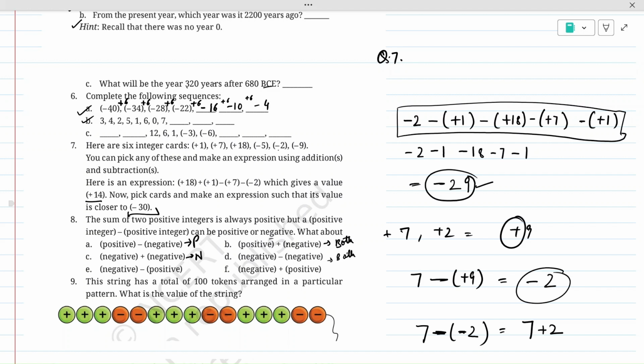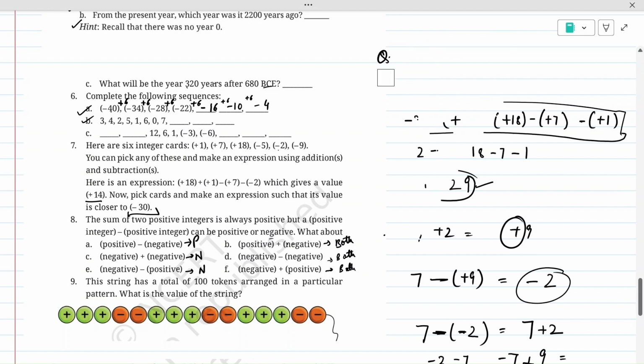Depends which one is bigger. Negative minus positive number. So we have minus 2 and then minus 7. Okay, it will always be negative. Negative plus positive. Depends which one is greater. So this can be both. Okay, so this is how we have to do this question.